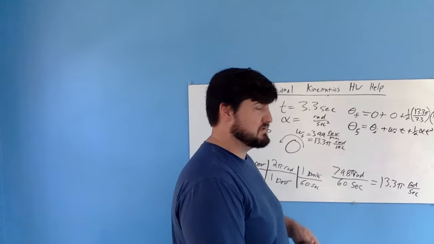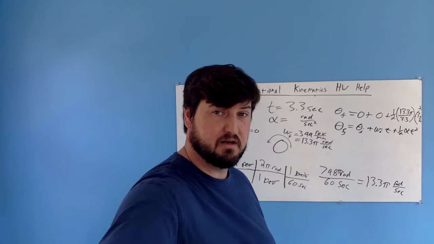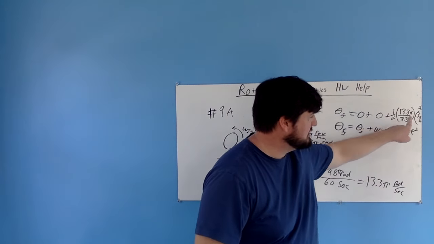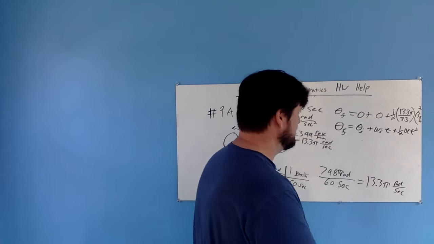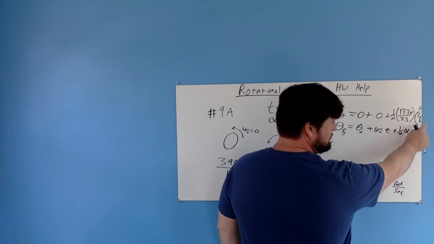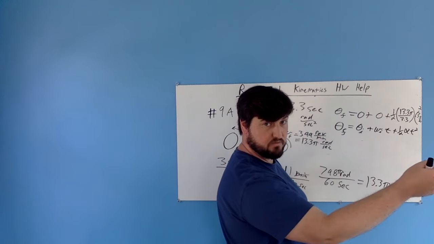So one of your 3.3s is going to basically cancel out, because you got one on the bottom here, and you got two of them over there, 3.3 times 3.3, right?